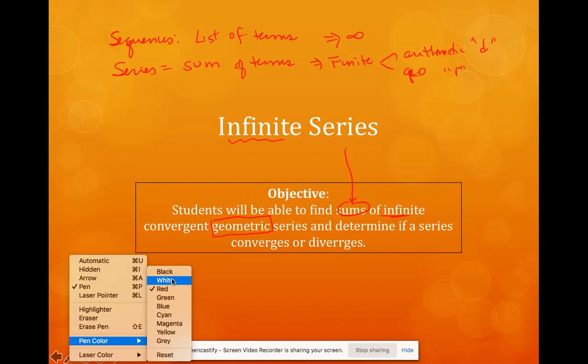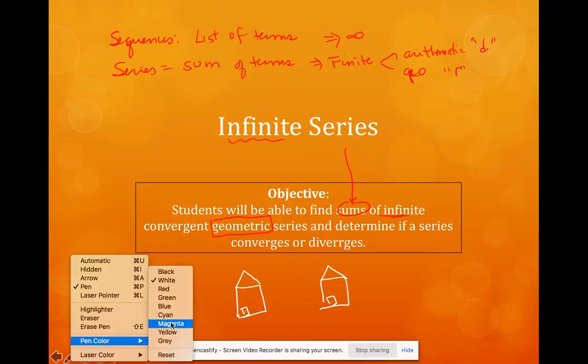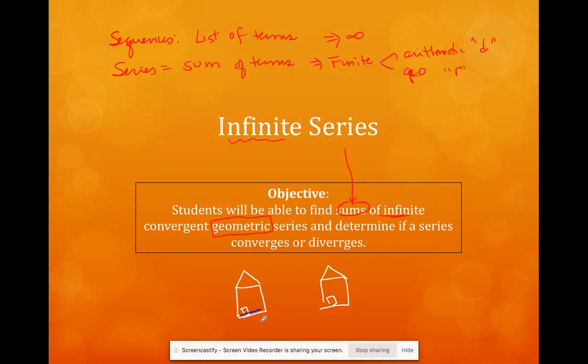How is that possible? So I like to talk about and visualize this house or shed, right? I want you to visualize a first term, adding another term, adding, and you're stacking your sum in your house.